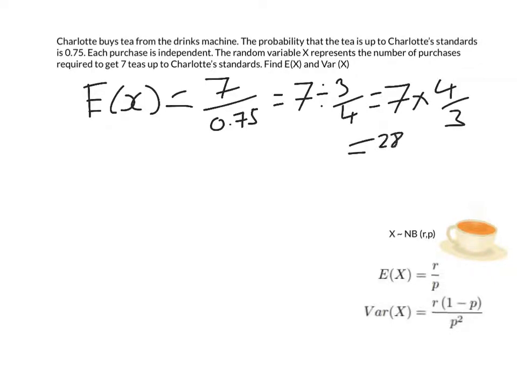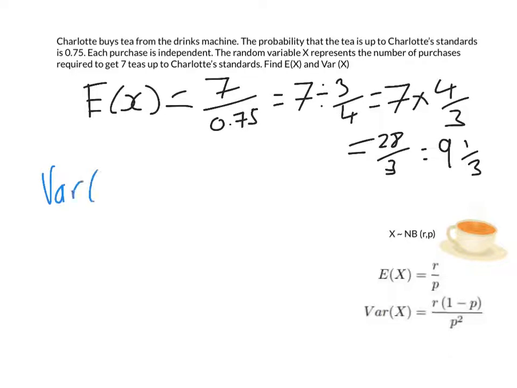So we've got 28 over 3, if you want to leave it like that. So 3's into 28 goes 9 times, with 1 left over. So you'd expect 9 and 1/3. And although you can't really have 9 and 1/3 purchases, an expected amount or a mean doesn't have to be an integer, even if contextually it doesn't quite fully make sense. Hopefully that makes sense. That was r over p.